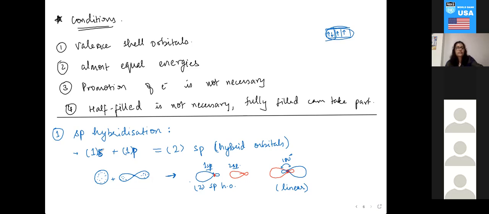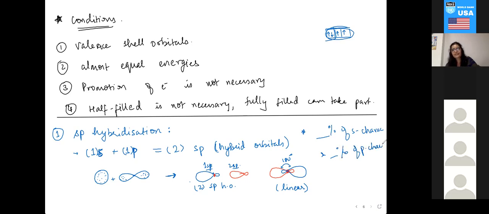Considering it is formed from one s orbital and one p orbital, how much s character does it have? How much percent of s character and how much percentage of p character? 50-50? Absolutely, half and half.